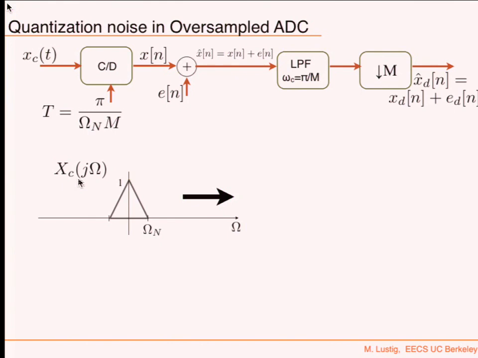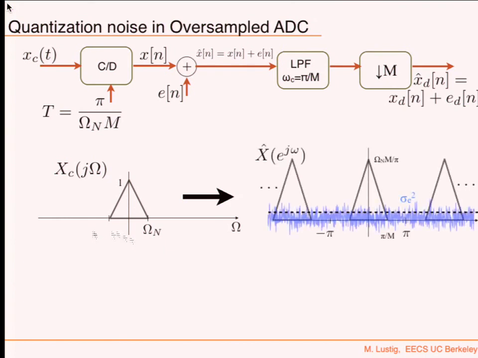So x sub c of j omega is this signal that I want to sample. I'm going to sample at a factor of M faster. So this is the DTFT of x hat. It has a component that relates to the signal.